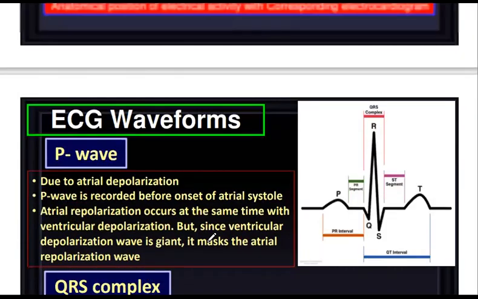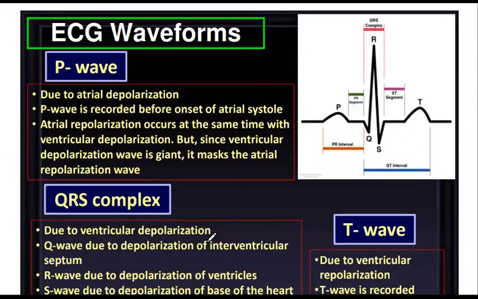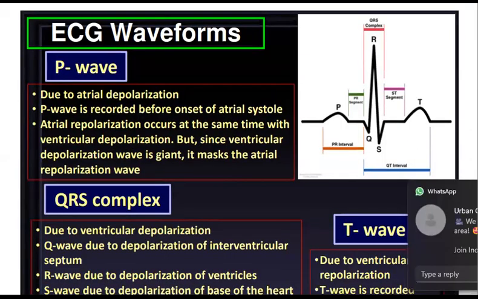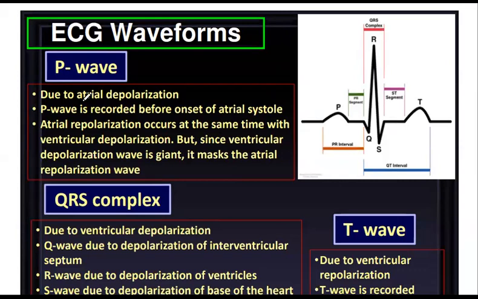So next we will talk about the detail of each wave. What is the P wave? I already told you that. The P wave is atrial depolarization, which means it is the beginning of contraction of the atrium, both right and left.